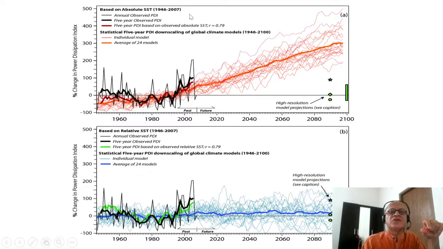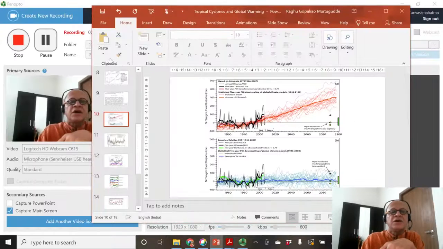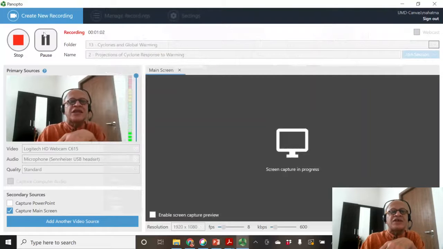So this is based on absolute SST, and this is based on that relative SST. So you can also think of it as anomalies with respect to something as opposed to local absolute SST. But however you pose it here, relative SST is the Atlantic versus other tropics, other Pacific regions, so just be careful about that. But the question still remains, what does the cyclone really care about?